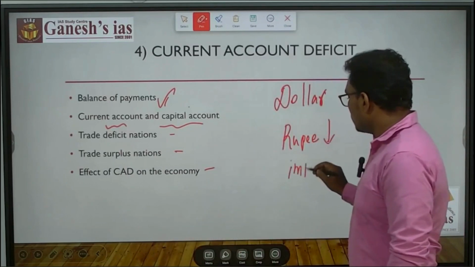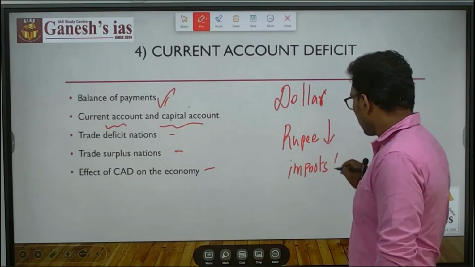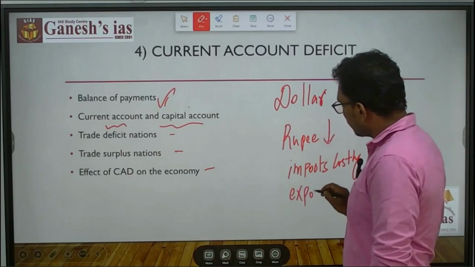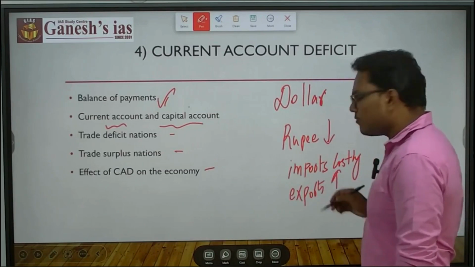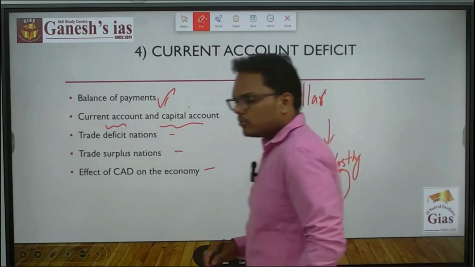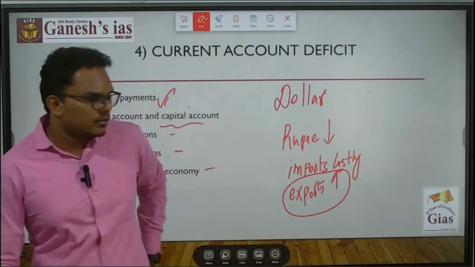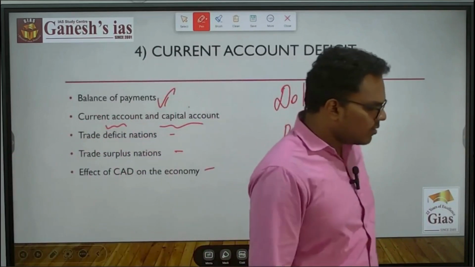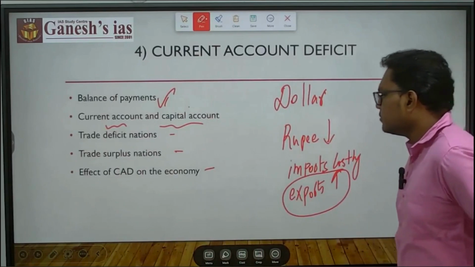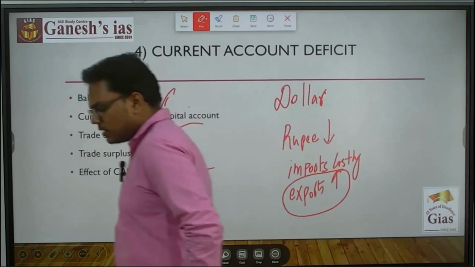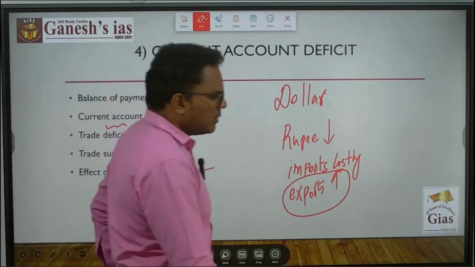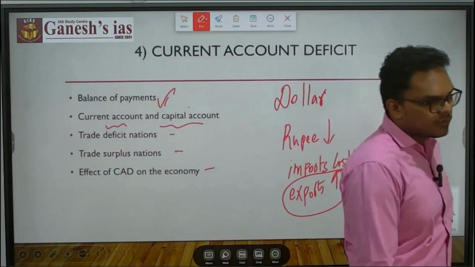Your imports become costly, and your exports might be promoted. But in the Indian context, since you export less than what you import, it's going to be only negative for the Indian economy. So if there is a large current account deficit, it's going to depreciate your rupee, increase your inflation, and affect the competitiveness of your products.